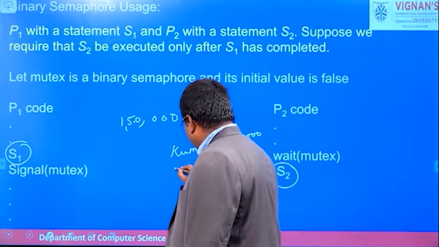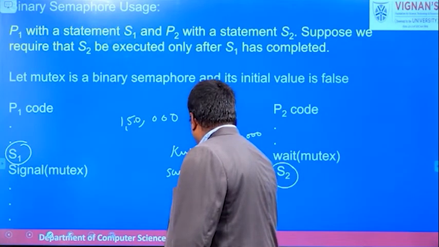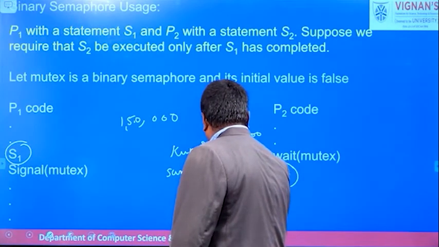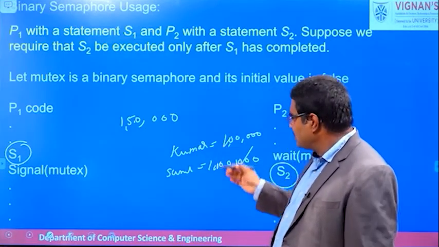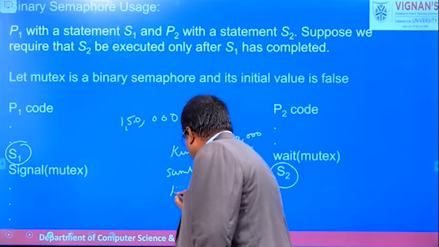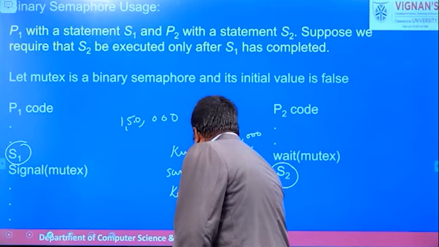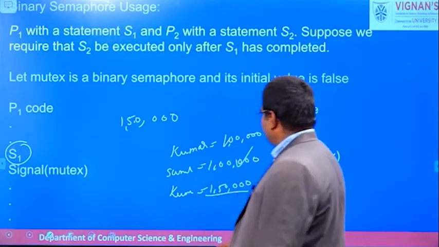His friend Sunil wants to transfer 1 lakh rupees to Kumar's account. Once the amount is credited, his balance changes to 2 lakhs, and Kumar wants to purchase an item whose cost is 1,50,000 rupees.